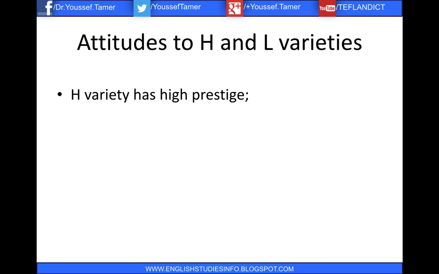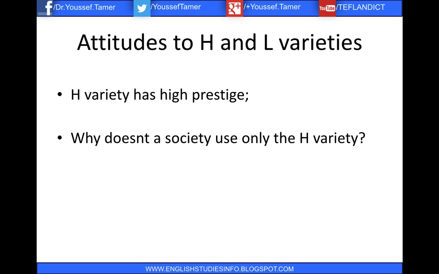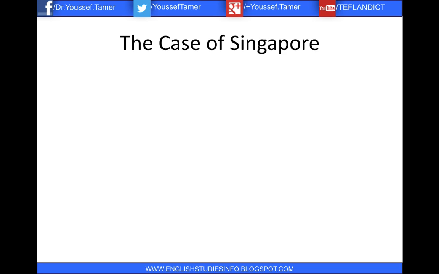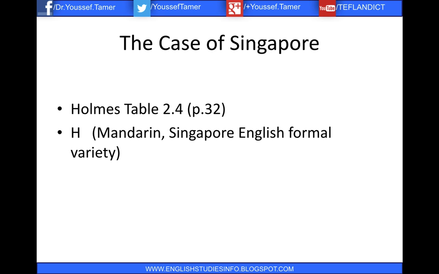So the H variety has high prestige. That's the only thing you have to know. And if you don't take notes, as I told you, you will have it later in PDF format or in video to take your notes.